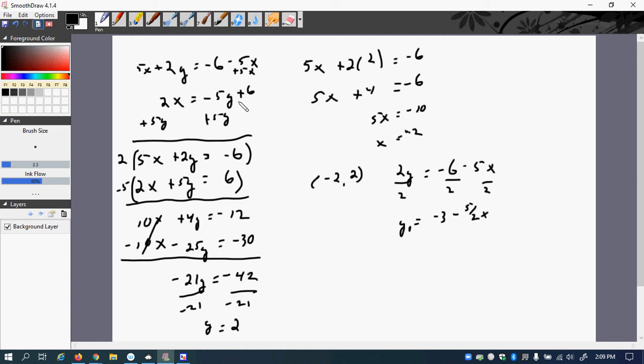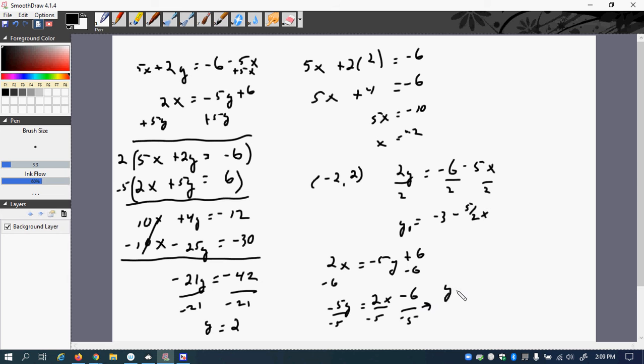The second one, we'll move the 6 over. So it's actually what the equation was given to me as, 2x equal to negative 5y plus 6. So I'm going to minus 6 from both sides to get the negative 5y equal to 2x minus 6. Now I'll divide by negative 5.